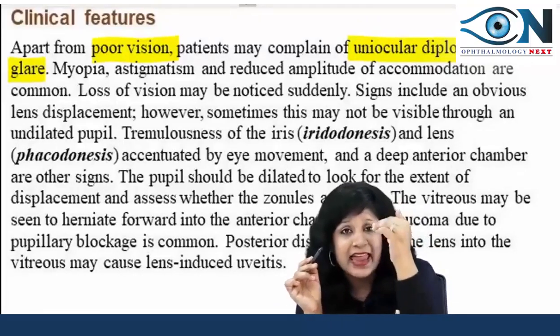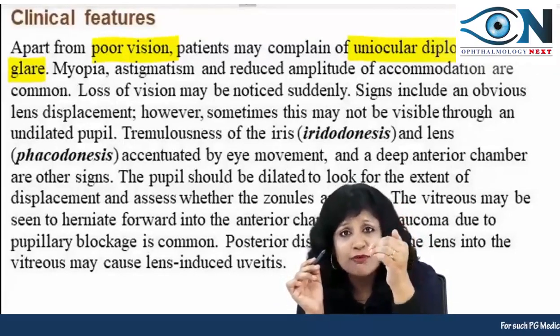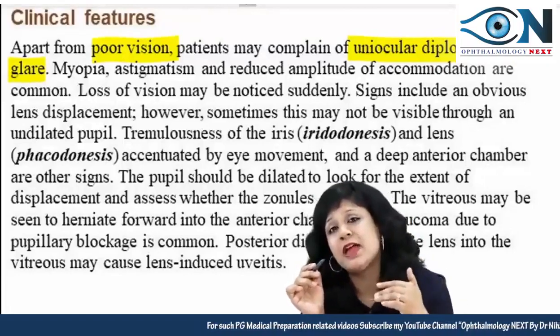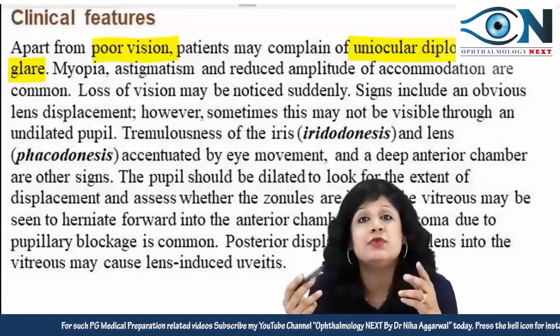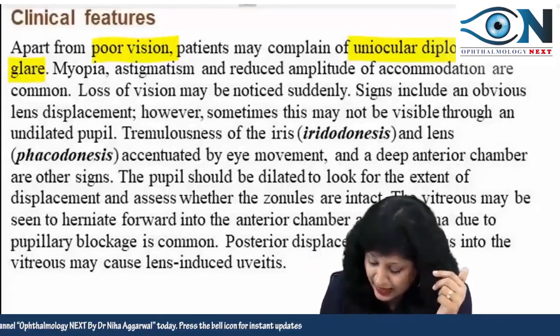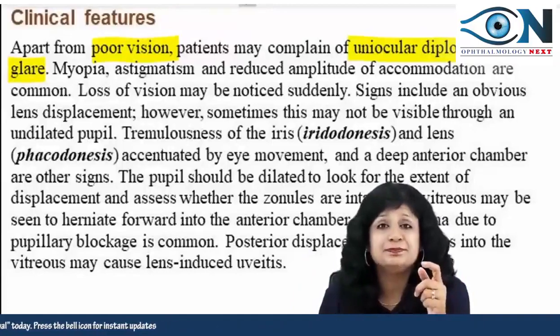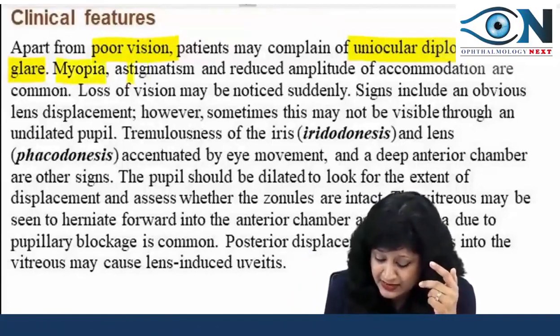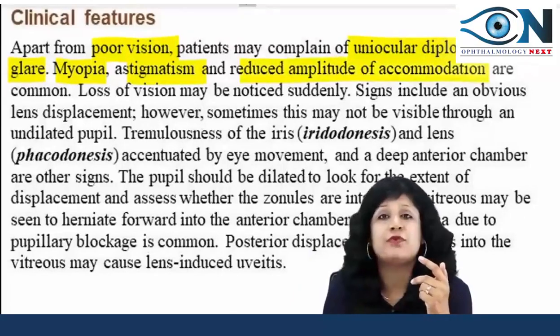Above that edge I will have the phakic area, I will be seeing through the lens, and below that area I will have aphakia. So this will be typically uniocular diplopia, then I will have the glare. And because there is a subluxation, I will have myopia, astigmatism and reduced amplitude of accommodation.